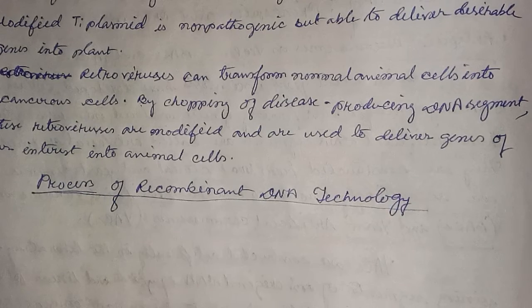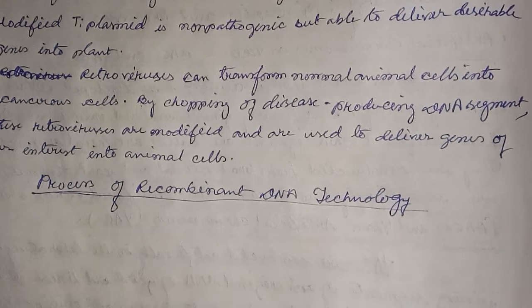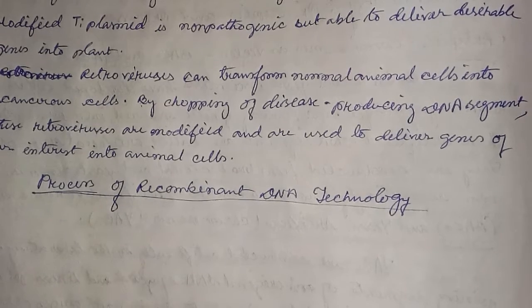Number 1, isolation of genetic material such as DNA. Separation of isolated DNA fragments. Next, cutting segments of isolated DNA at specific sites by restriction enzymes. Next, amplification of genes of interest using PCR. Insertion and ligation of DNA segment into vector and formation of recombinant DNA.